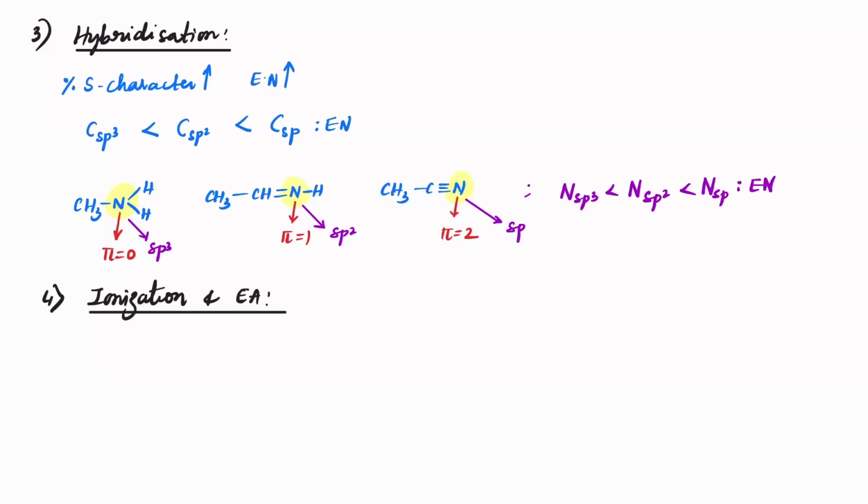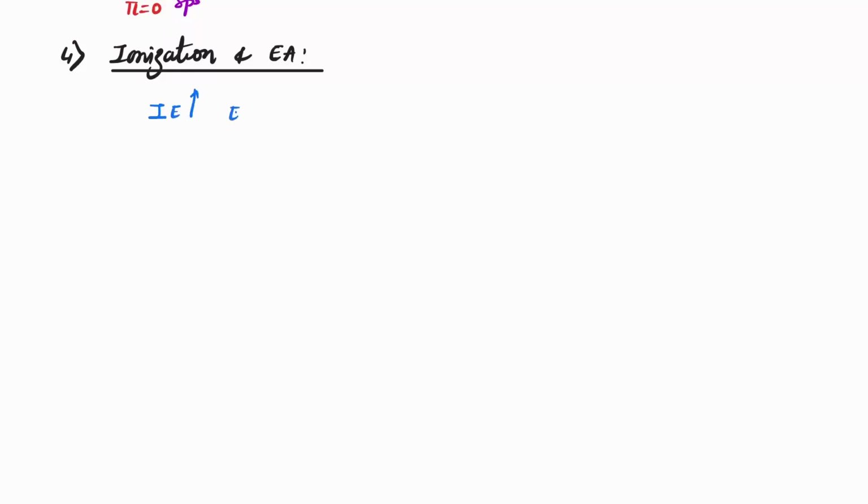See, next one is ionization and electron affinity. How is this variation observed? If ionization energy increases, electropositivity decreases and electronegativity increases.